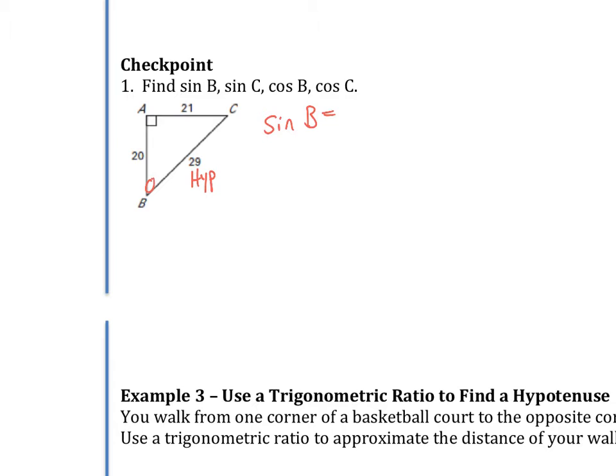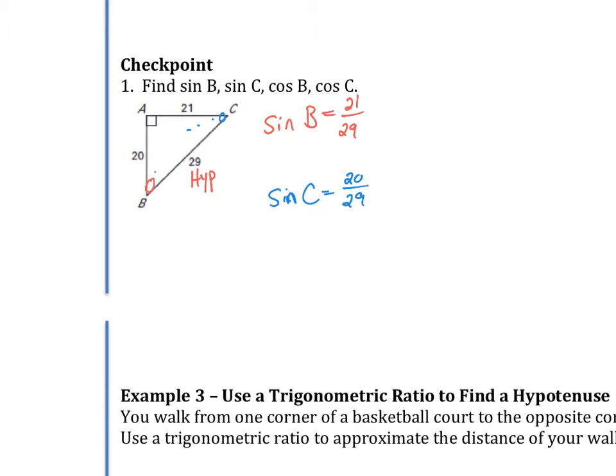So opposite B is 21. So this would be 21 over 29. And if we want to find the sine of C, sine of C would be what's opposite C? Well, across from C is 20, and the hypotenuse is 29.